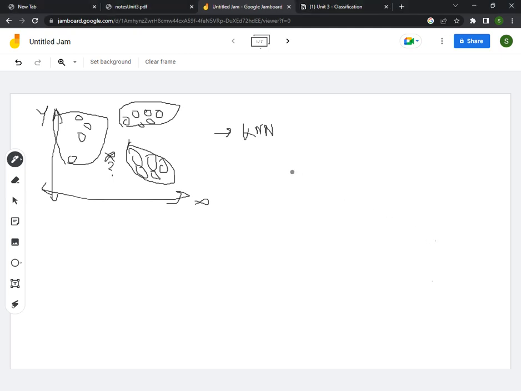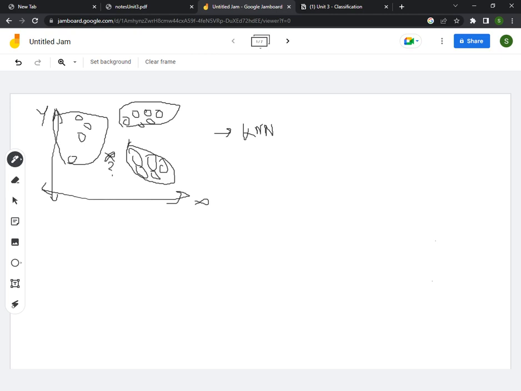Now this KNN method uses a formula called the Euclidean formula. The Euclidean formula is used to find the distance between two data points.